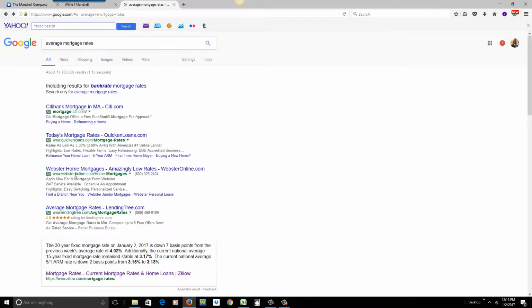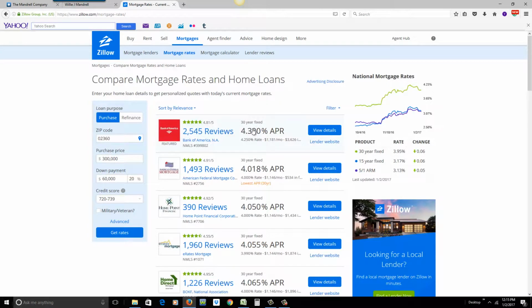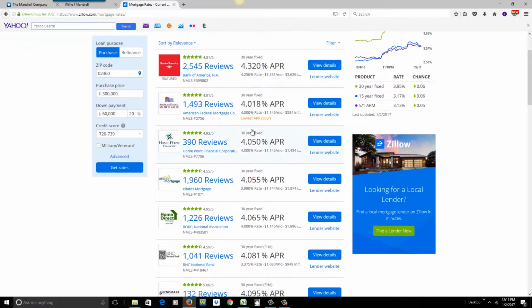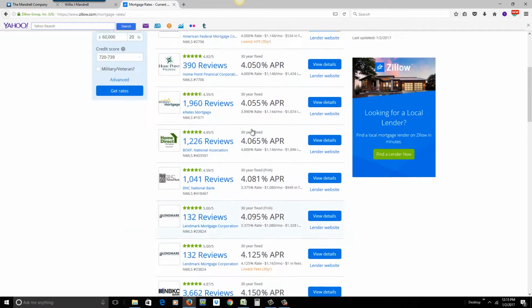Scrolling down, the 30-year fixed mortgage rate as of January 2nd, 2017 is approximately 4%, a little more. You can click on that, it'll bring up Zillow, and you can see what interest rates are being offered through different banks.